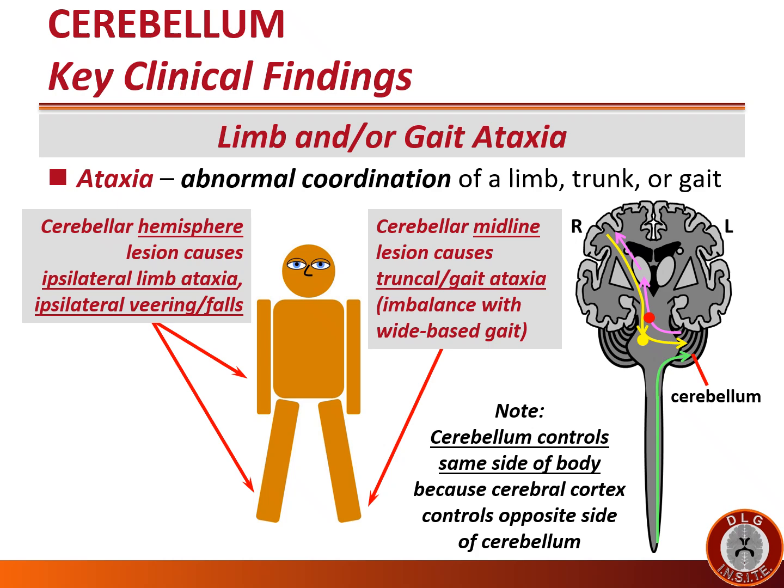The cerebellar midline lesions, however, cause truncal or gait ataxia, imbalance with wide base gait and falling to no side in particular. Note that the cerebellum controls the same side of the body because the cerebral cortex controls the opposite side.